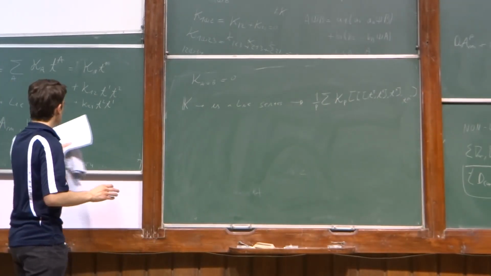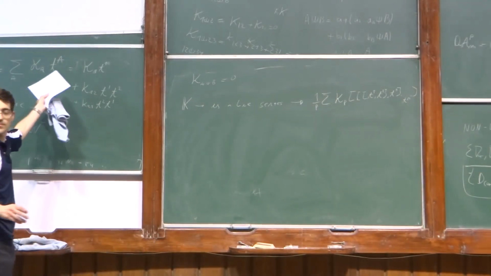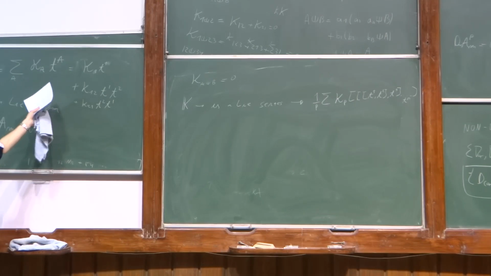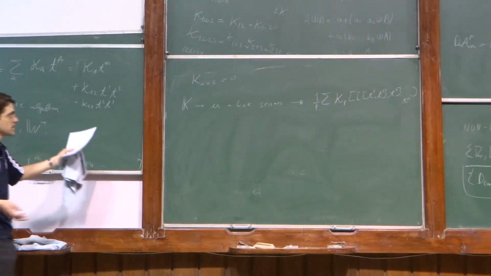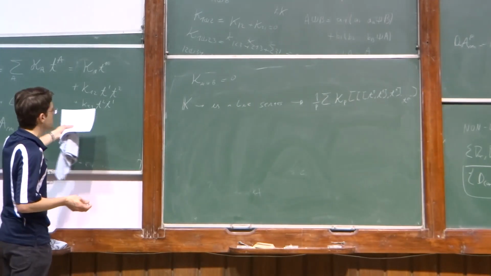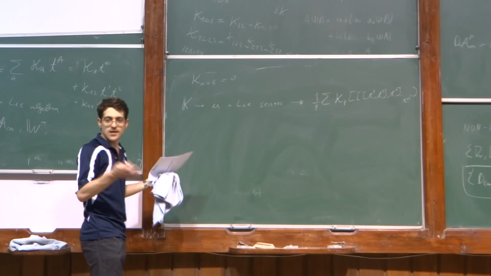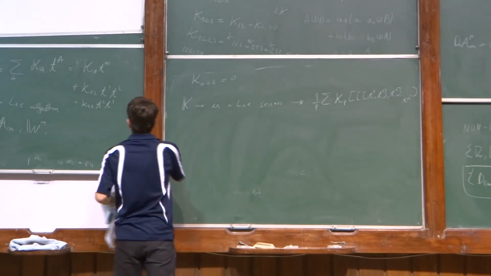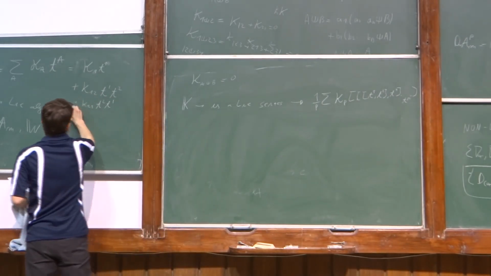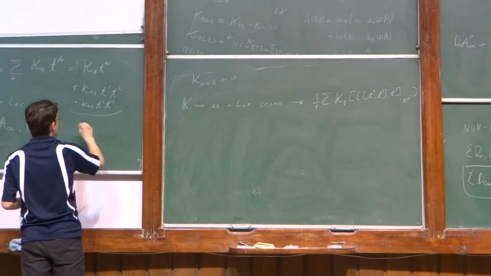So in the end, everything is just proportional to a structure constant. That's why for mathematicians it's important, because this guy belongs to a Lie algebra.